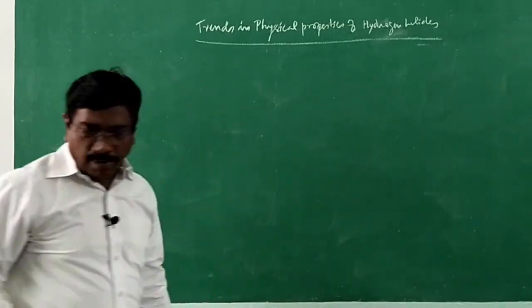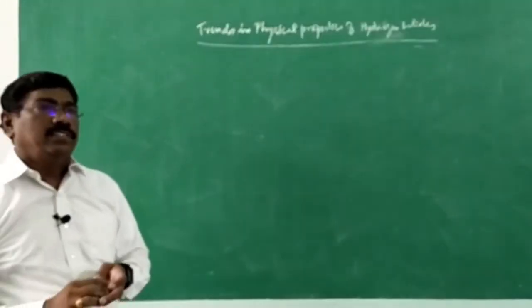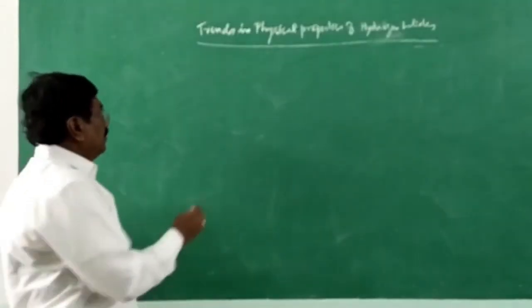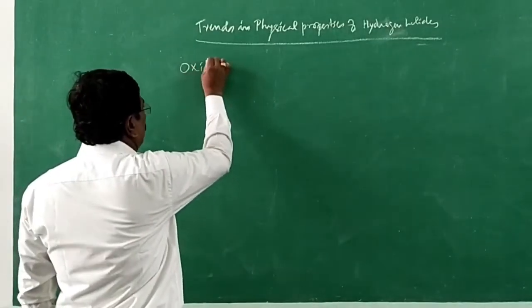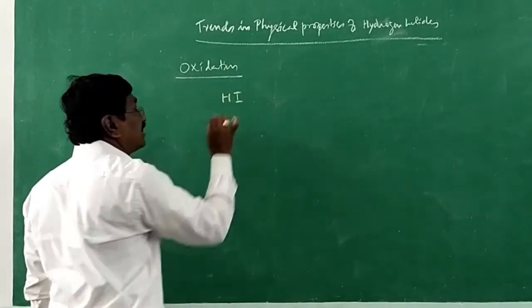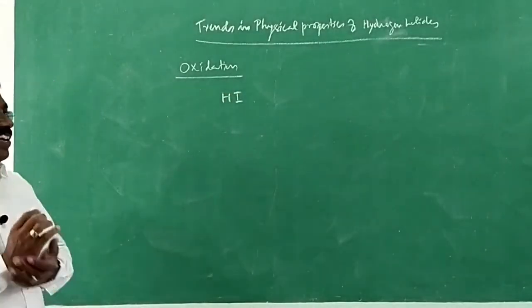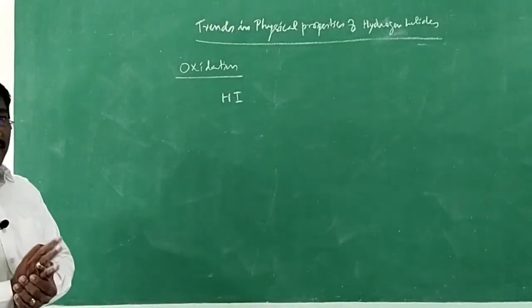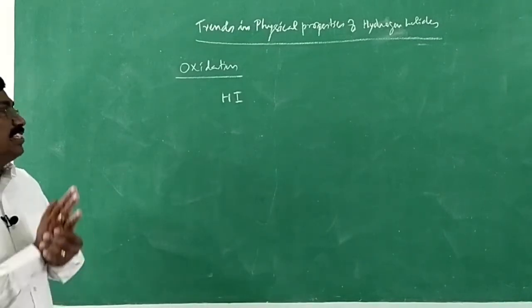regarding mainly iodide, HI. Under the oxidation property, we should see HI. HI acts as a very good reducing agent. Don't forget, HI acts as a very good reducing agent.